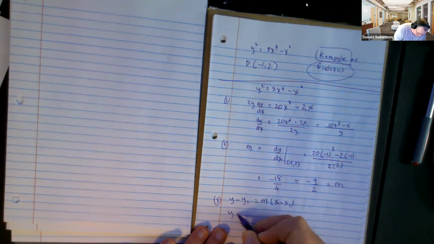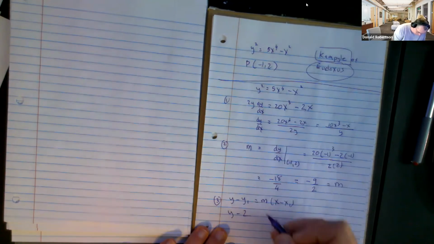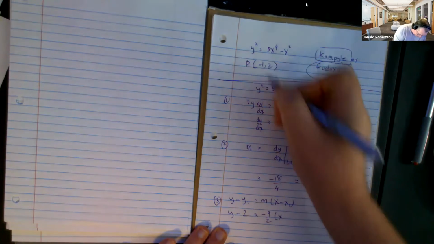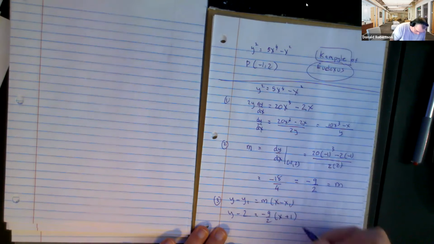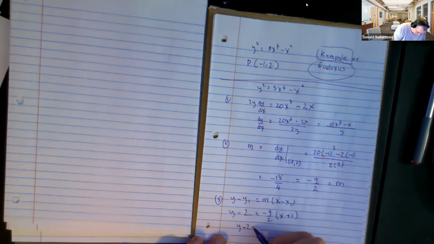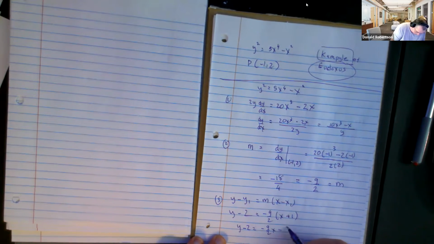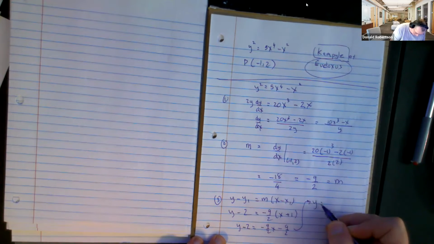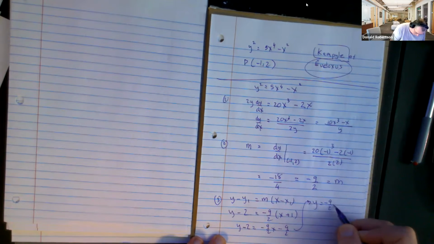So it's going to be y take away 2. Slope is -9/2. X take away -1. Essentially, you add 1. Distribute with the 9/2. Since I'm running short of room, add 2 to both sides.